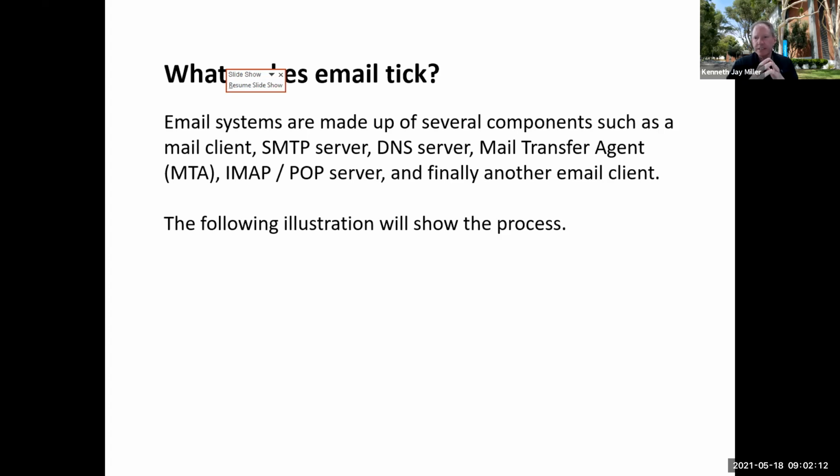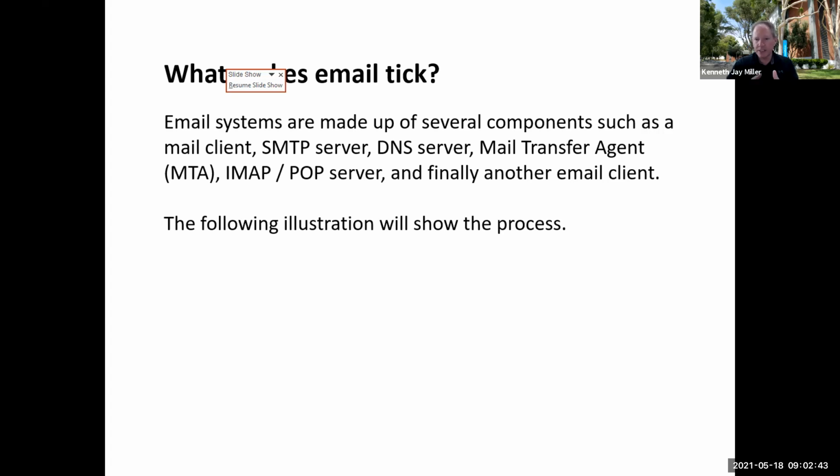So first we need the mail client, which is what the user connects to actually read and connect to their email. Then we have the SMTP server, which is the simple mail transfer protocol that does the sending of our email. We need DNS servers to actually know where to send it by name instead of by number.